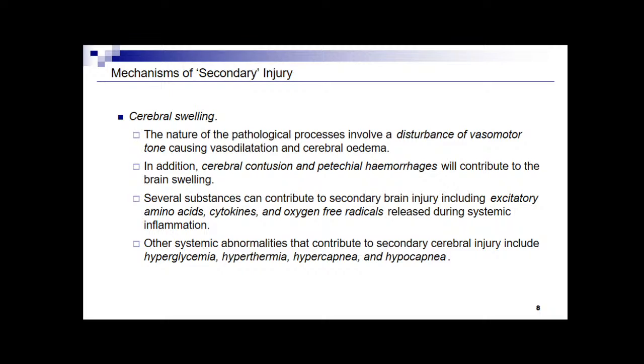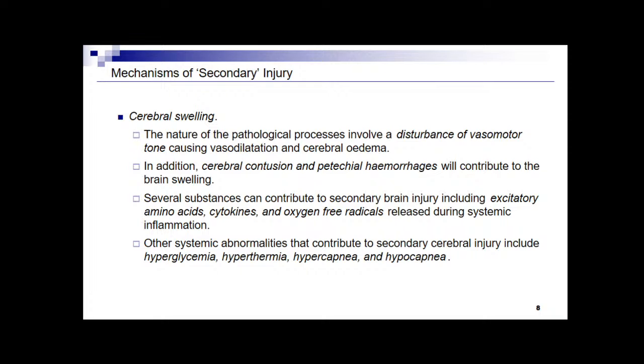And secondary injury. What happens with the brain after trauma, after primary damage, or after contusion, ruptured vessels, and compression of the brain by blood? This is cerebral swelling. Swelling is a secondary injury to brain tissue manifested with enlargement of the brain.